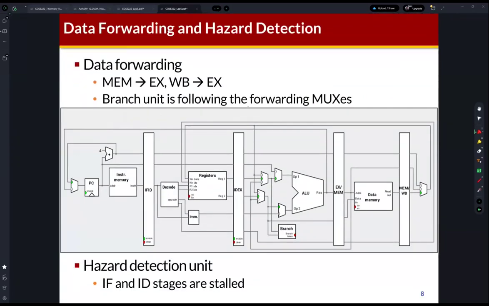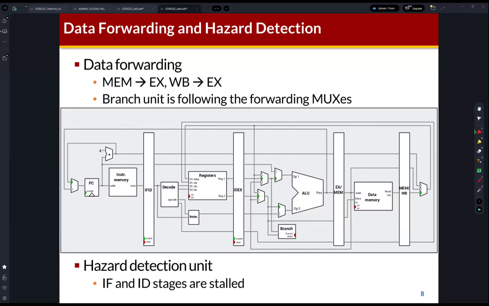And then the tricky part is in this wrap, the data forwarding part and the hazard detection part. The concept of pipelining is simple, and I believe you can use it to understand.